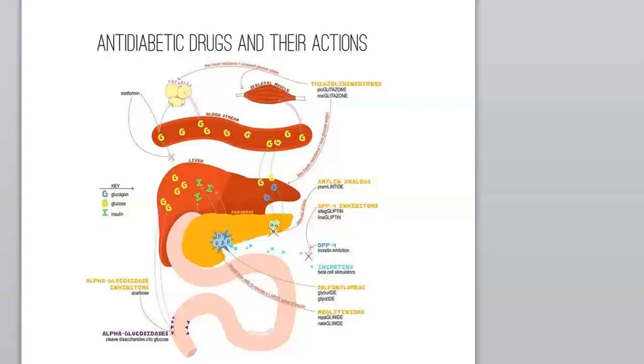The next insulin that I want to talk about is NPH. You might also hear it called isophane.